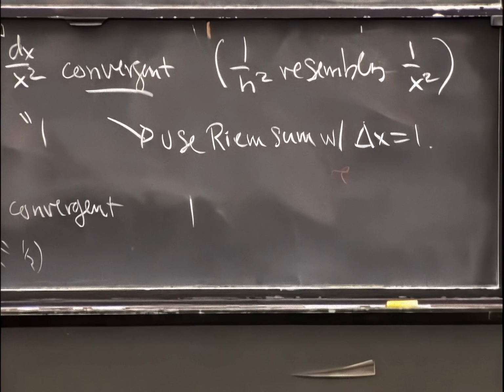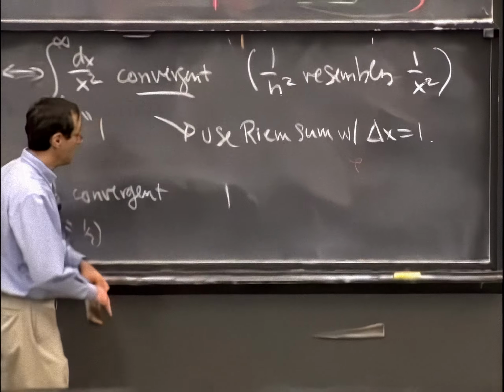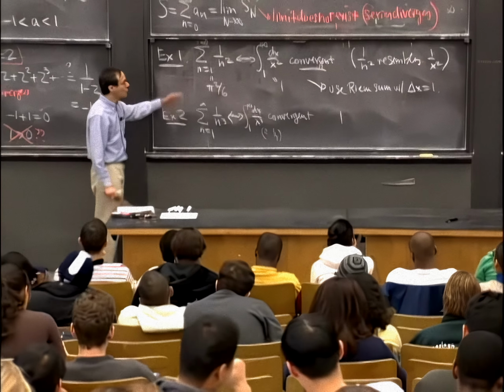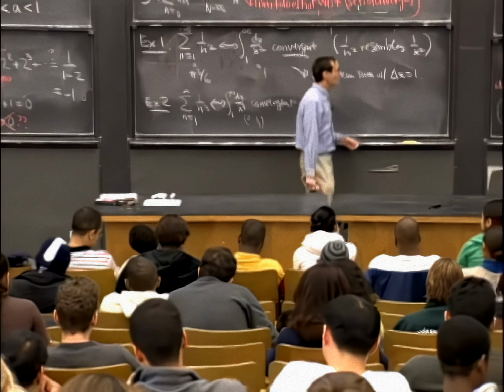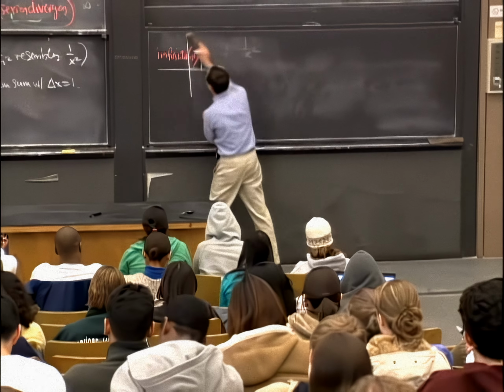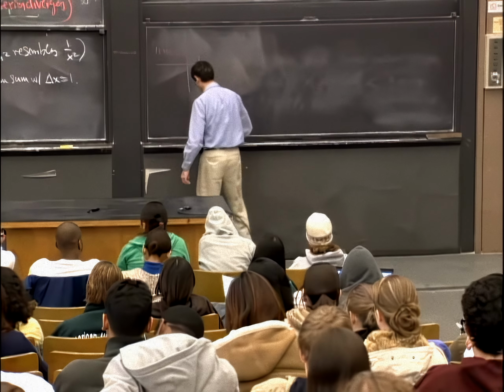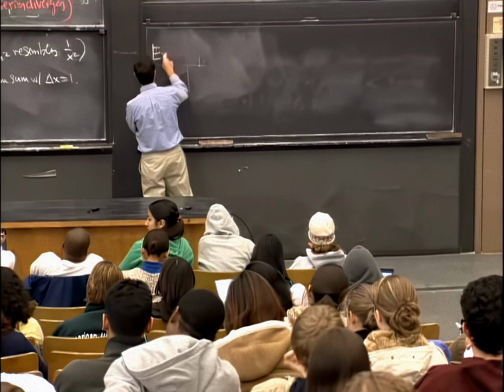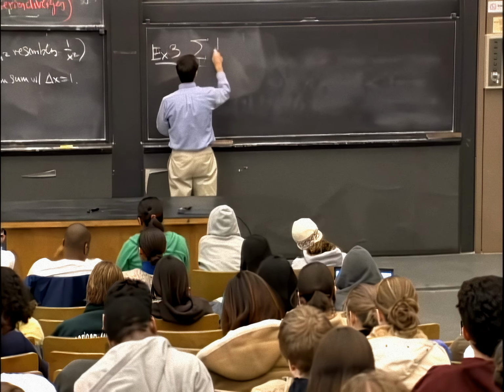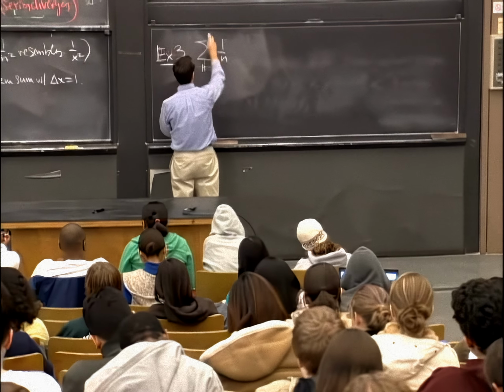So in order to illustrate exactly this idea that you've just come up with, and that we're going to use, we'll do this same thing on the example, the sum of 1 over n. So here's example 3, and it's going to be the sum of 1 over n, n equals 1 to infinity.